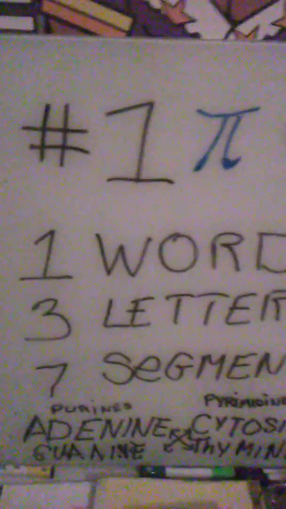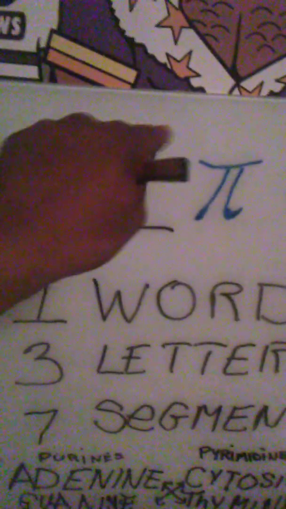In the number 1, there are 3 segments, 1, 2, 3. In the number 3, there are 2 segments, 4 and 5. In the number 7, there are 2 segments, 6 and 7. So the number 137 is 7 segments also. That's 1 with 3 segments that bonds out 7 segments here, 137. This is information that's hidden right in plain sight.